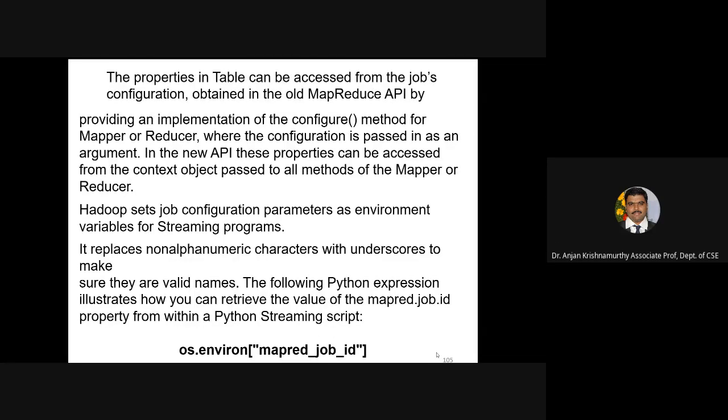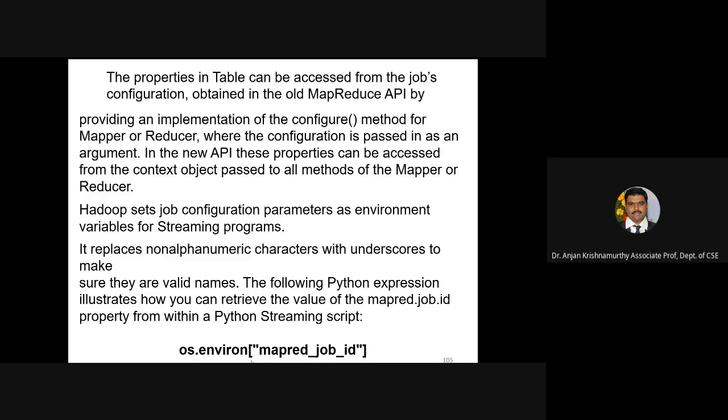So when you configure certain aspects of the Hadoop job, the Hadoop job wants the variables for the streaming programs to be non-alphanumeric characters replaced with underscore only. If you look at the example shown at the bottom of the slide, you can see os.environ["mapred_job_id"].